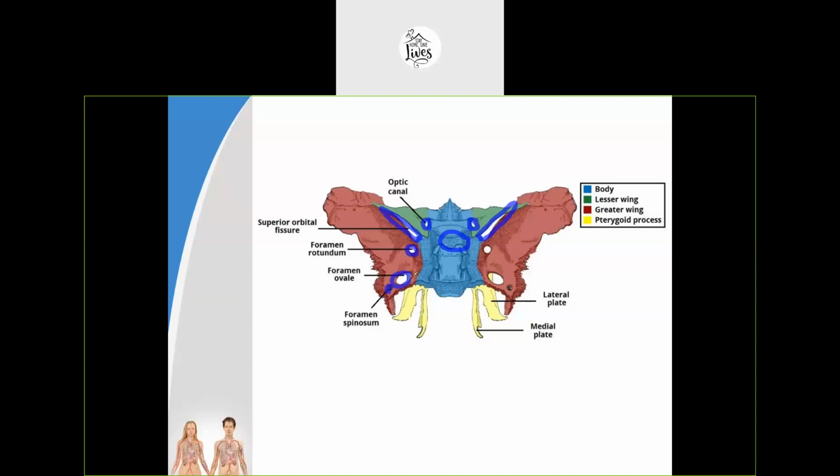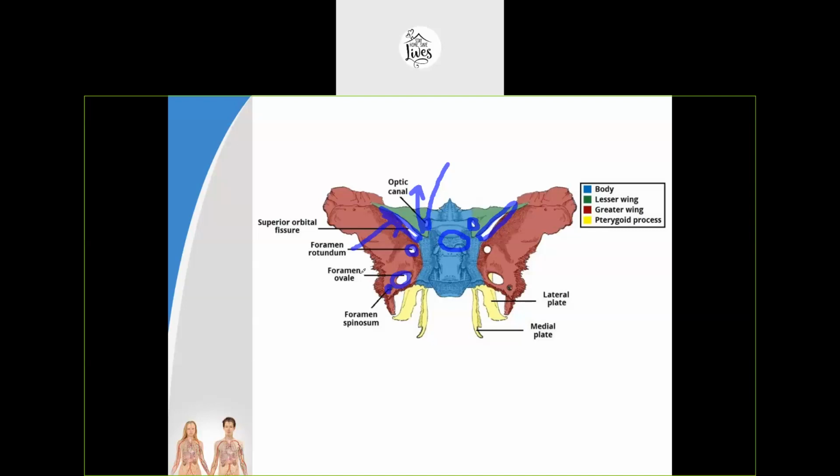And why are they important? Because later on, next semester, you will study the nervous system, you will study the brain that is located in the cranium, and you will study the cranial nerves which are arising from the brain. And actually those cranial nerves are passing through these openings. For example, in the optic canal, we have the optic nerve passing. In the superior orbital fissure, we have a few cranial nerves passing that are connected to the movement of the eye.